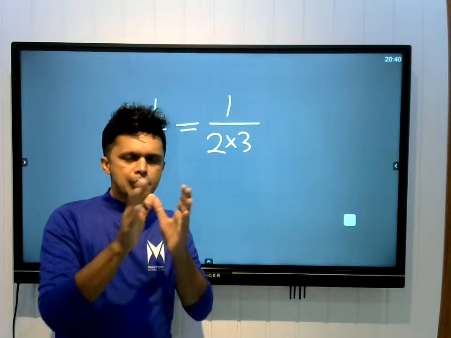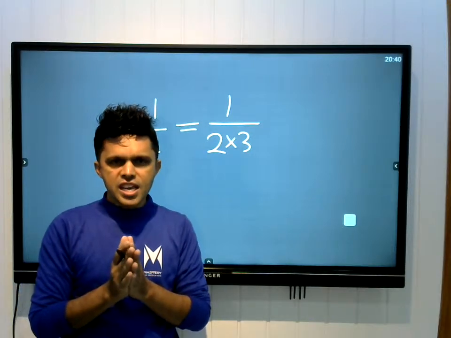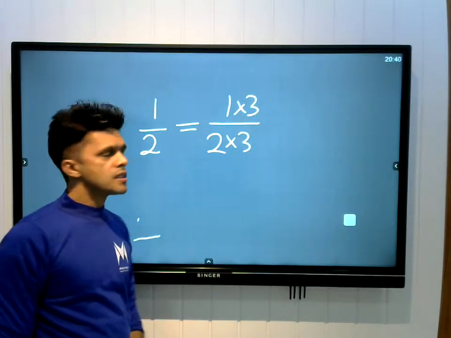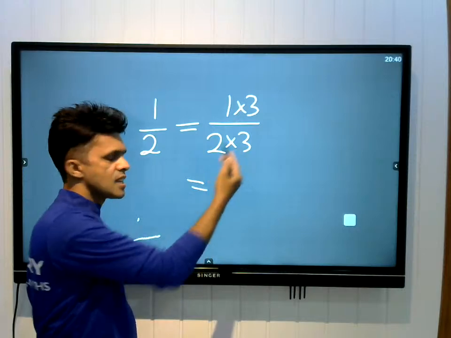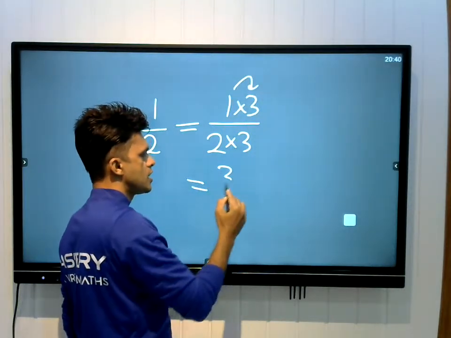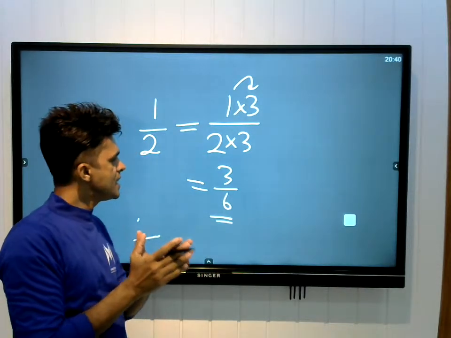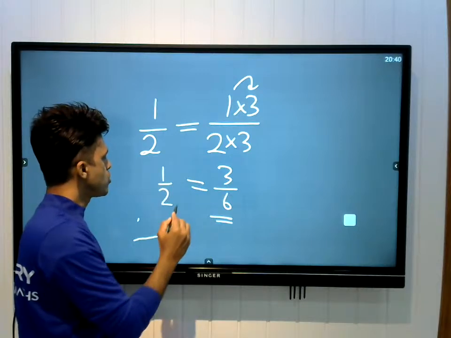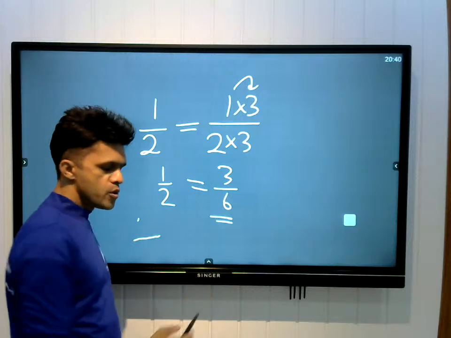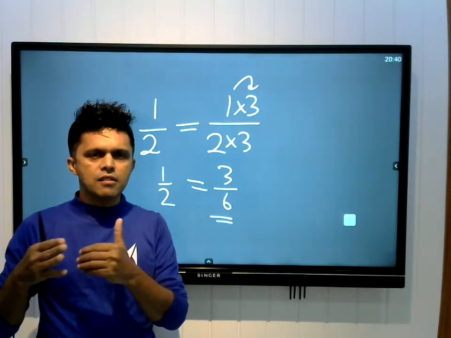Then the denominator multiplies by 3, as well as the numerator also multiplies by 3. 1 times 3 is 3. 2 times 3 is 6. So here is an equivalent fraction to half. I believe you could remember equivalent fractions.